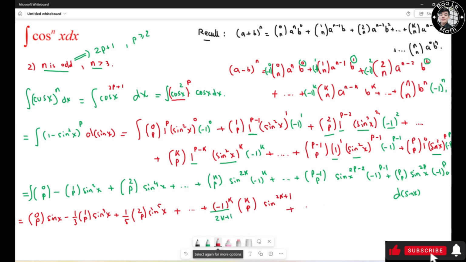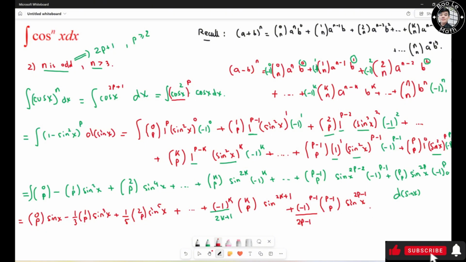Negative 1 to the p minus 1, we need to rewrite it right here. Alright, then this one right here, we need to rewrite it, the combination of p minus 1, p, right? Sine to the 2p minus 2 of s turns out to be sine 2p minus 2 plus 1, which is going to be 2p minus 1 of s, right? And then you need to divide by 2p minus 1.